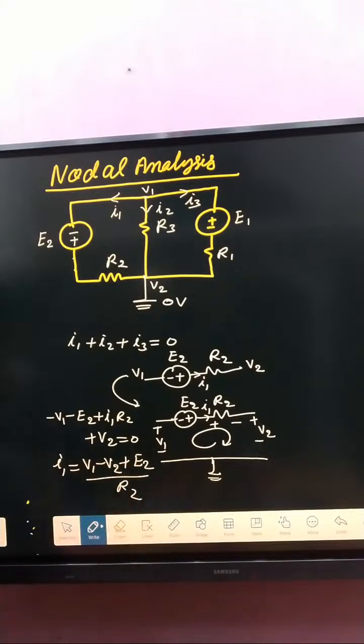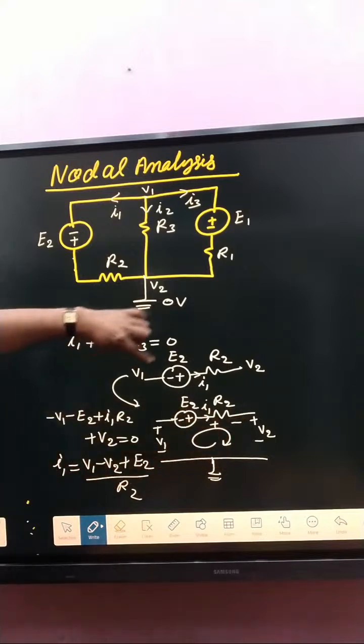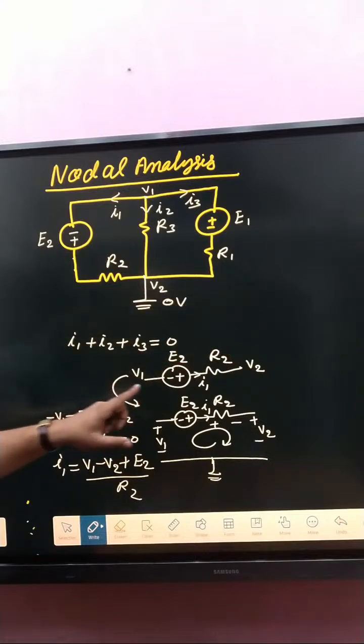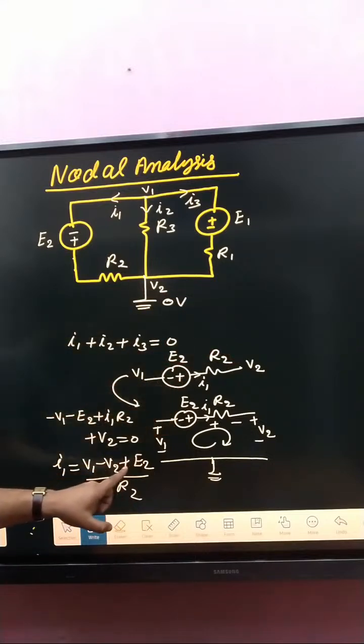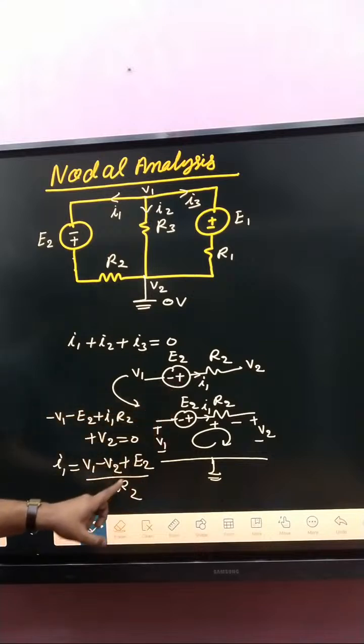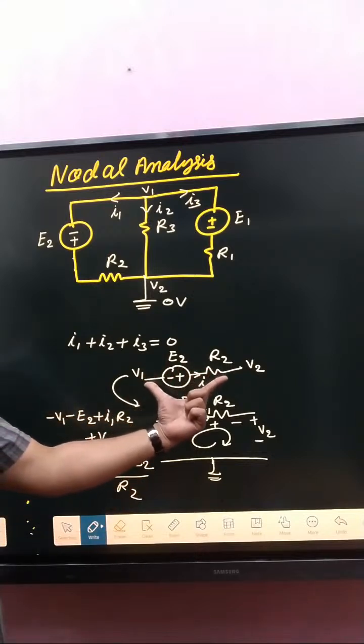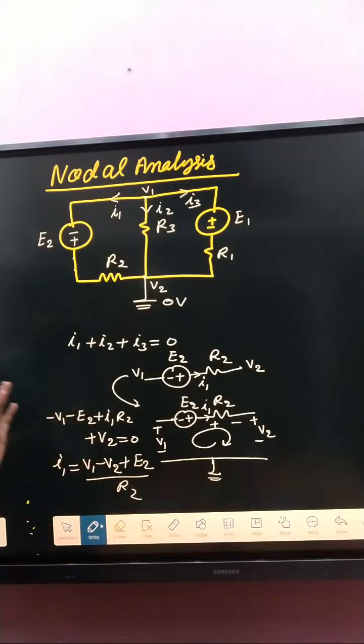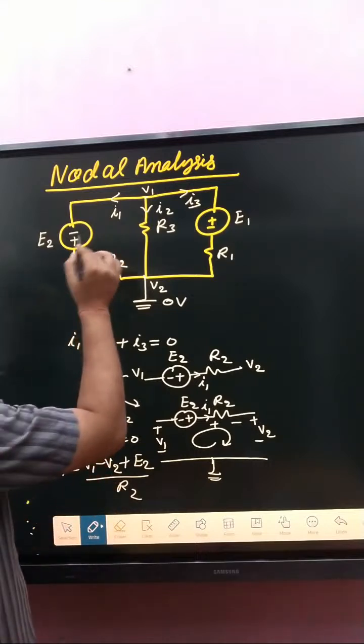Means if you go from here to here, simply apply V1 minus V2. Current leaves from the positive terminal, so that is positive, divided by the total resistance, that is R2. Clear or not?